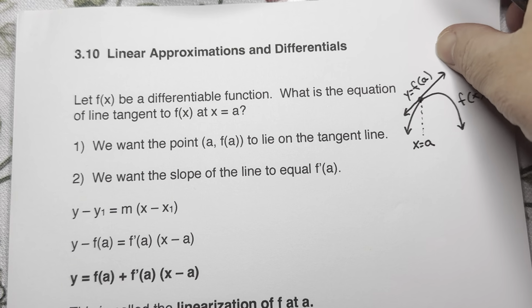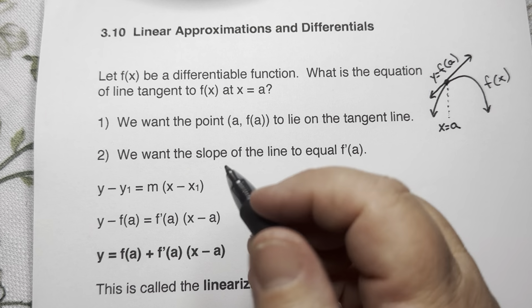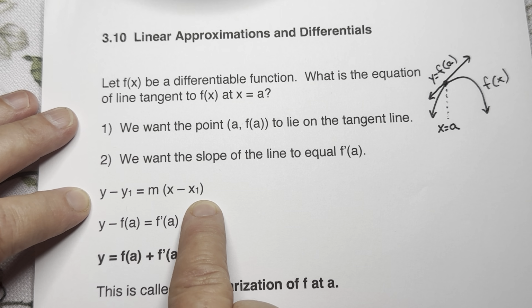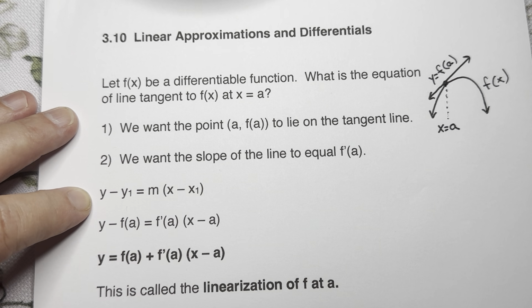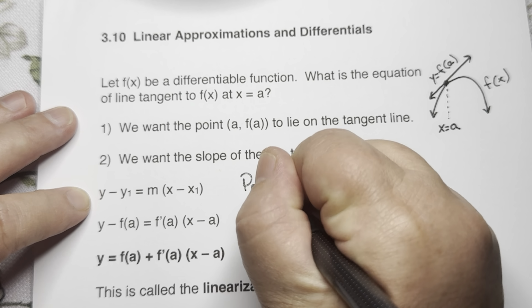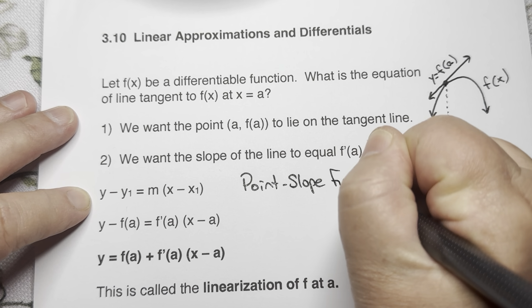So now we're going to do some very formal math, and we're going to start off with a form of a line that a lot of you haven't used a lot. This is called the point-slope form.